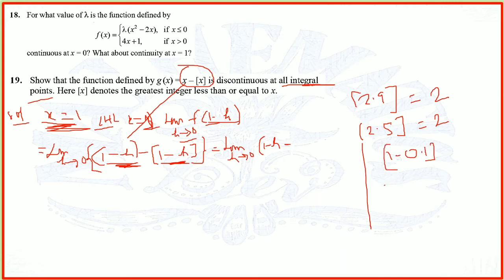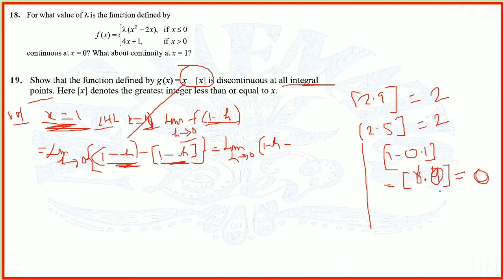Then when you subtract these two, it will become 1 minus 0.1, so 0.9. So now 0.9, I told you that after the decimal you have to put 0, then the nearest integer will be 0. So overall its value, 0.9, will be equal to 0.